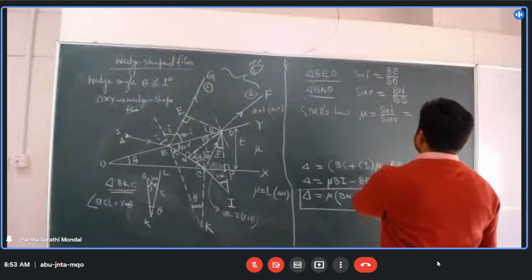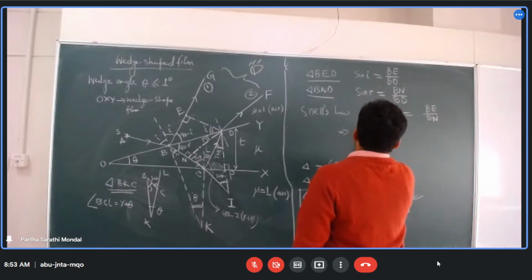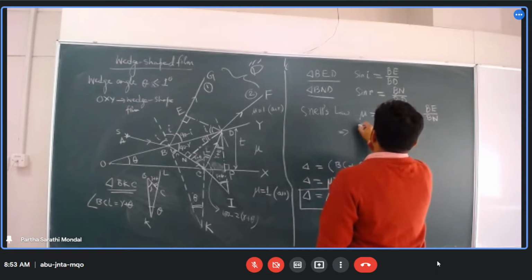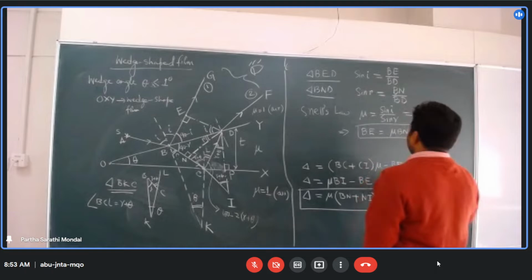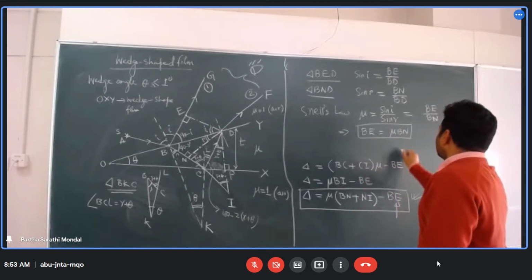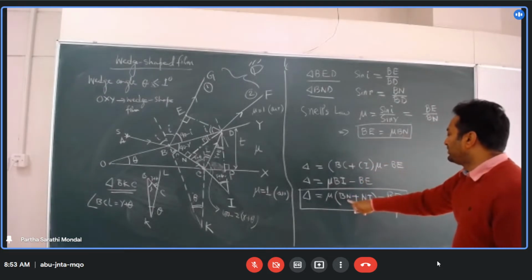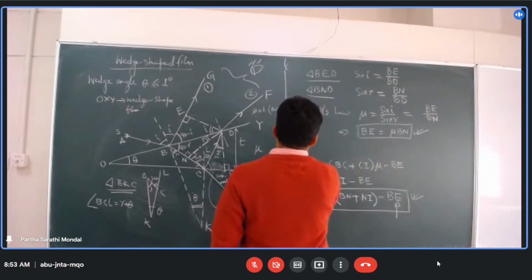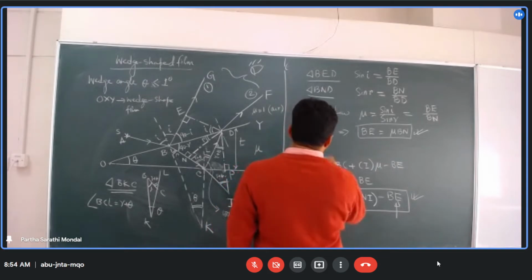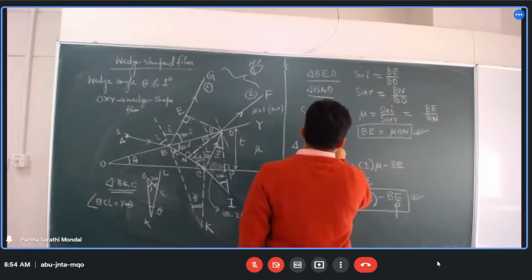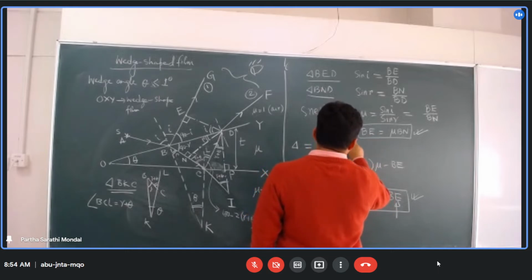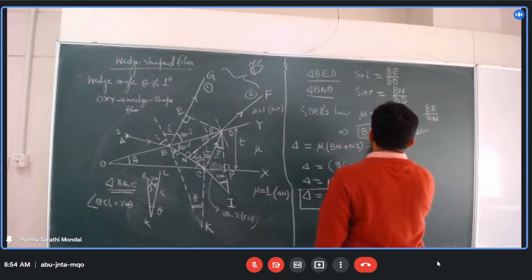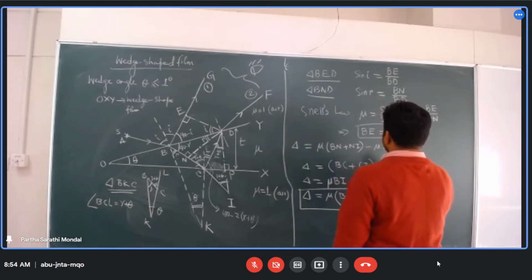So that means I can calculate from here: BE will become mu into BN. Now if I put the value of BE here, mu BN will cancel out. So your delta will become mu into BN plus NI, and in place of BE you write minus mu BN.